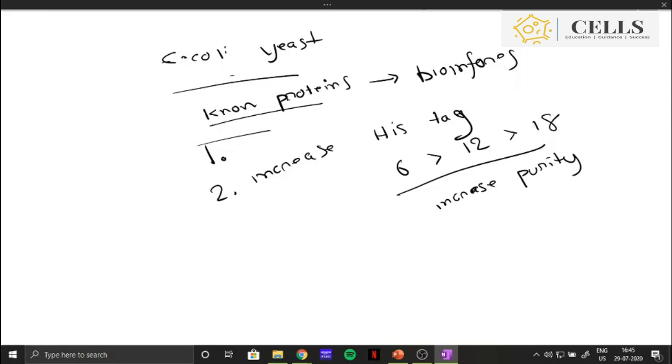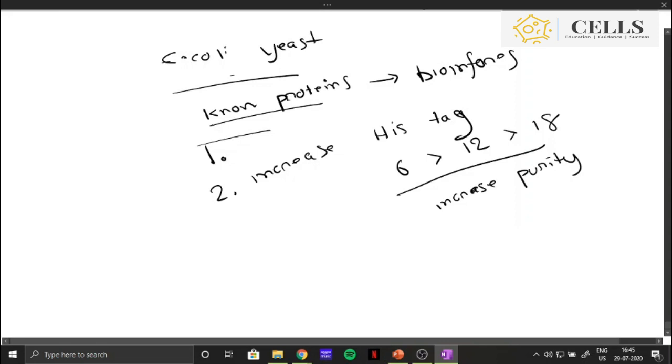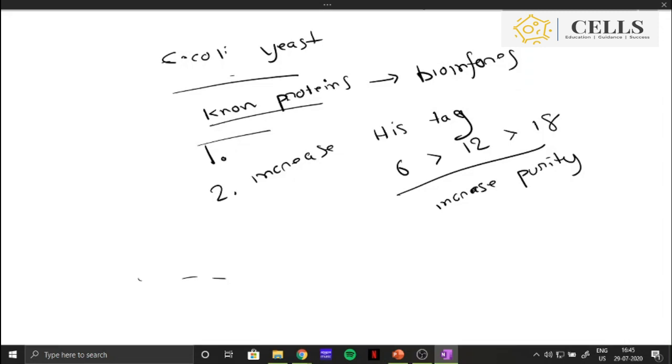Yeah, the washing step is, suppose there is a protein with histidines present in the protein structure as well, 2 histidine, 3 histidine, continuously. If they bind to the nickel column, this binding is very non-specific, very weak binding.